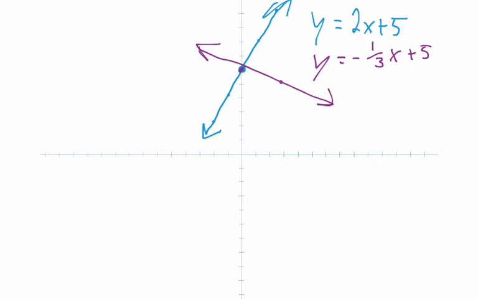So compare and contrast these lines. How are they similar? How are they different? You guys can do that on your own. You've been doing it for years and years. How are they the same? How are they different?